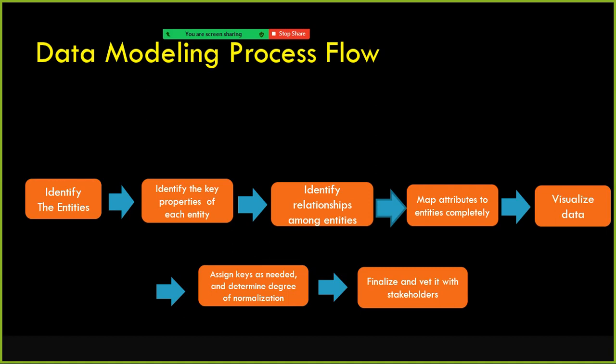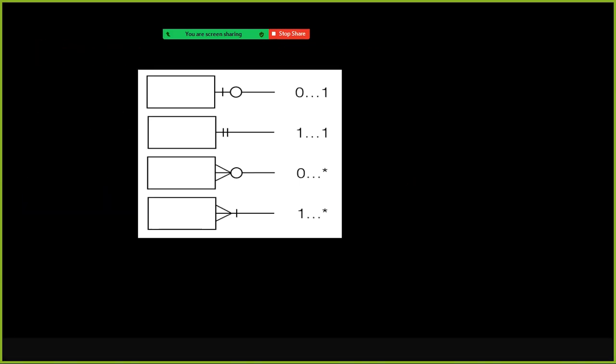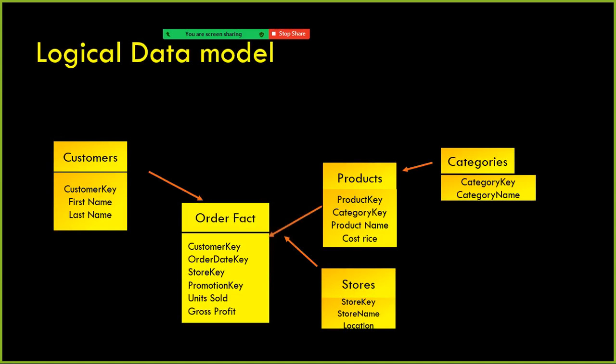This is the typical data modeling process we normally go through while building a data model. We identify all the entities, then the conceptual model, the logical model, and the last one is the physical model. In the physical model, we define the data type and width for each and every column.